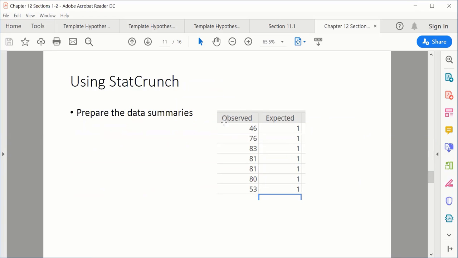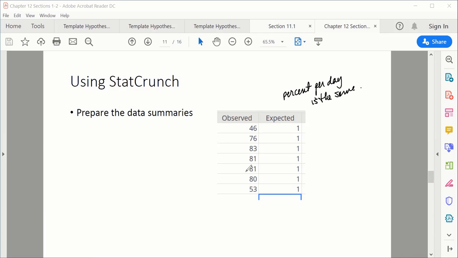Now my observed, I just typed in the numbers from the chart before. For my expected, I said, well, I'm just going to put the same number for every single one, because what we're looking for is that the percent per day is the same.